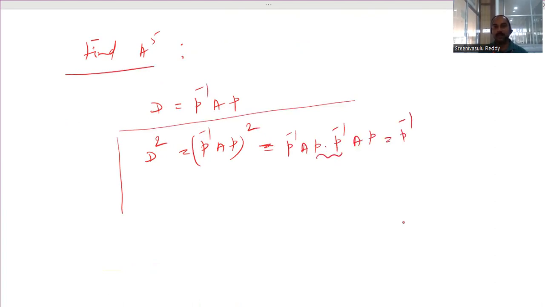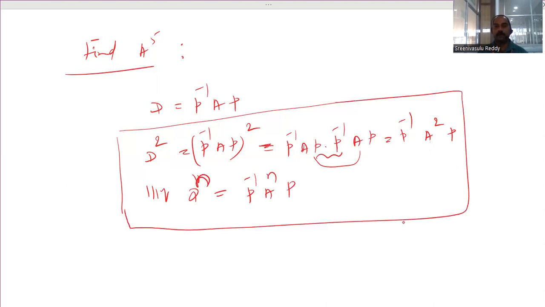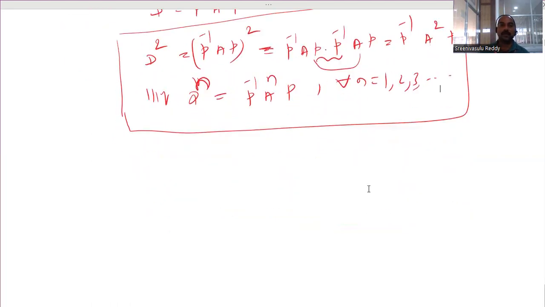Finally, we get P inverse A square P. D square is nothing but P inverse A square P. Similarly, you can expand any n: D power n equals P inverse A power n P for all n equal to 1, 2, 3 and so on. If D equals this one, D square means this, D cube means here we get 3. So now we want D power 5.